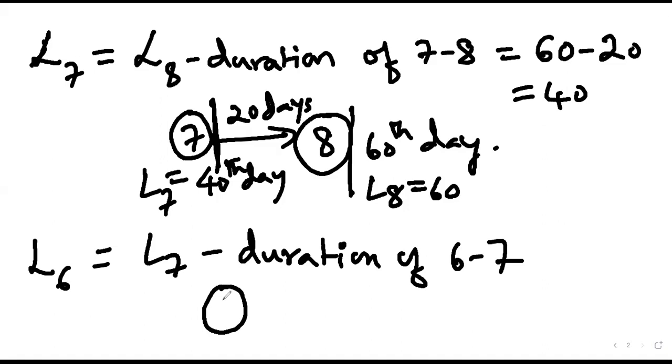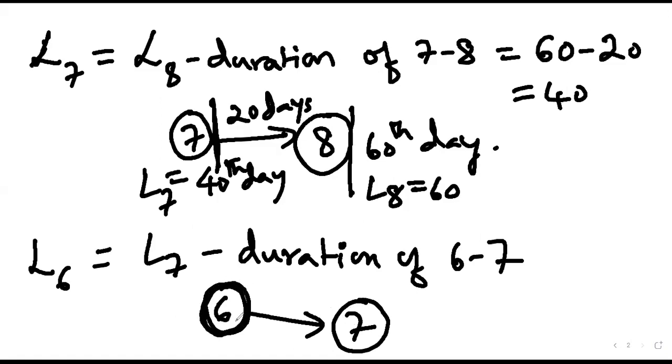Because we are going in the reverse direction, and reverse direction in the sense that the activity which starts from the sixth node is ordered for us.